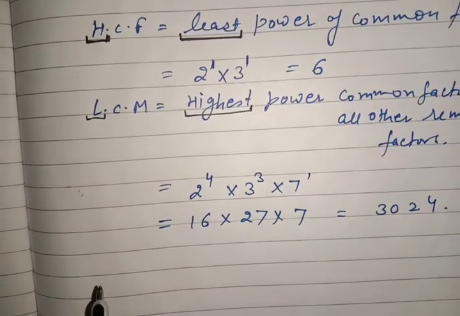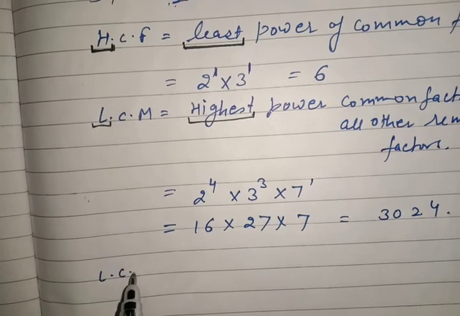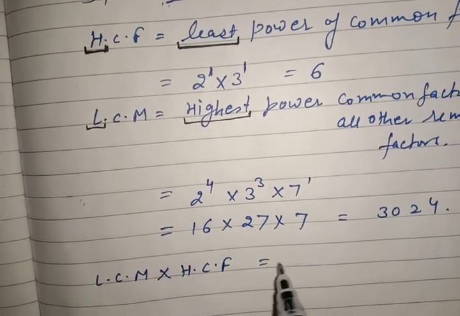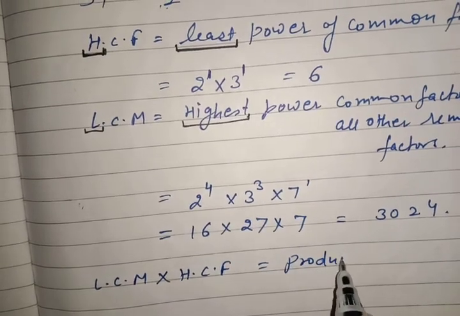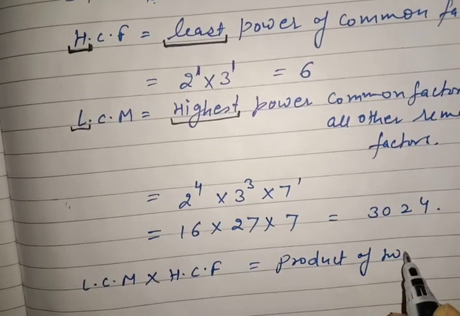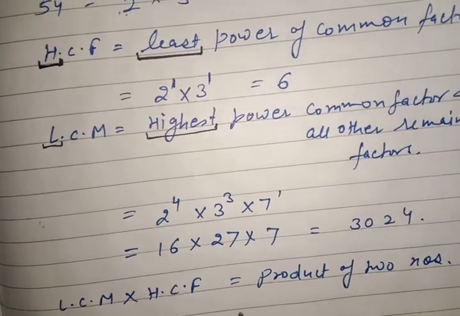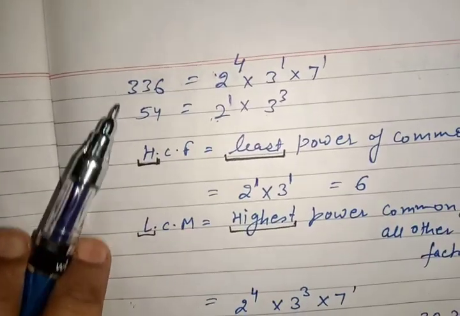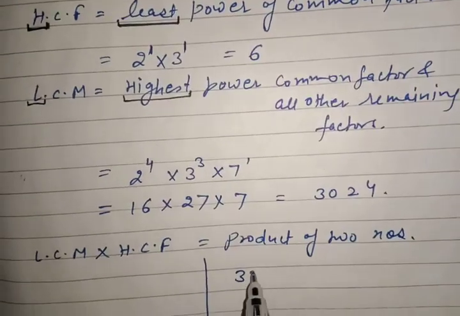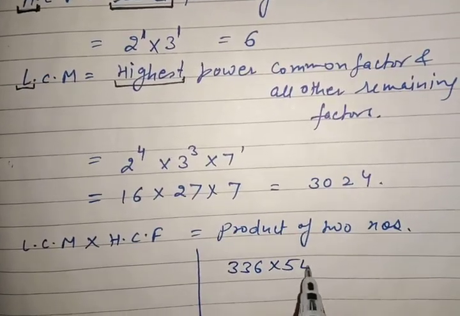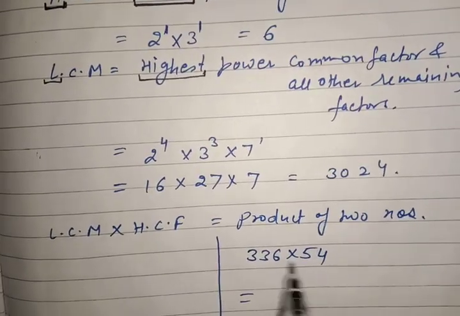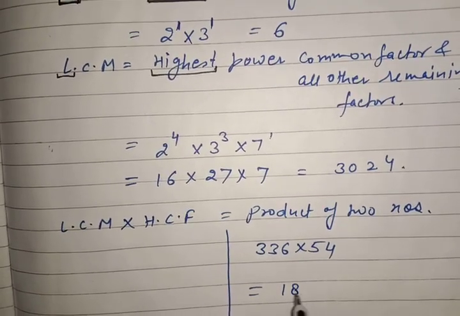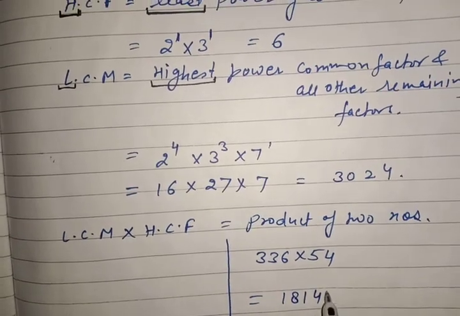Now there is one formula that we need to check, whether HCF times LCM is equal to the product of the two numbers. We need to check it. So we'll draw a line. Which are the numbers? 336 and 54, and you have to find their product. When you find the product, you will get 18144.